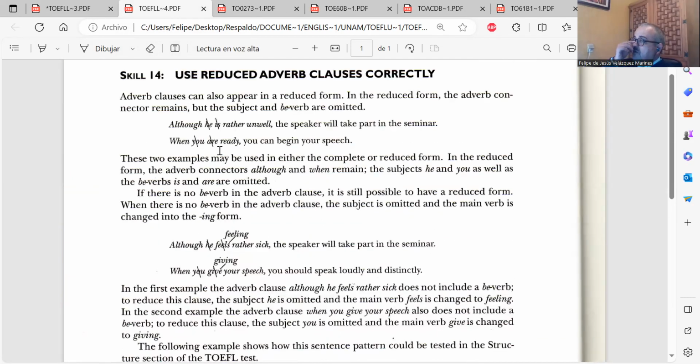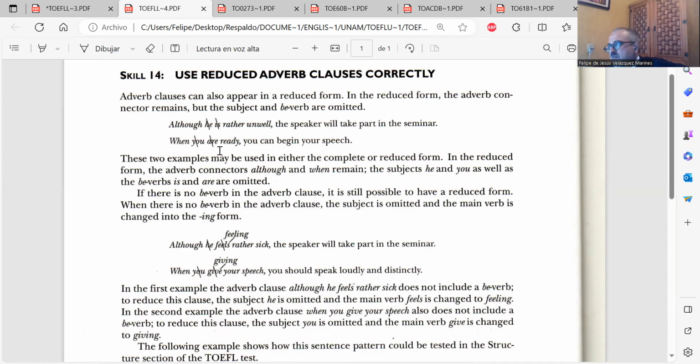Reduce adverb clauses. With reduced adverb clauses, we are not going to eliminate the linker, because they will not refer to persons, animals, or things, but to places, time, reasons. So the only thing that we are going to reduce is the auxiliary verb, and transform to ing if they are doing the action.